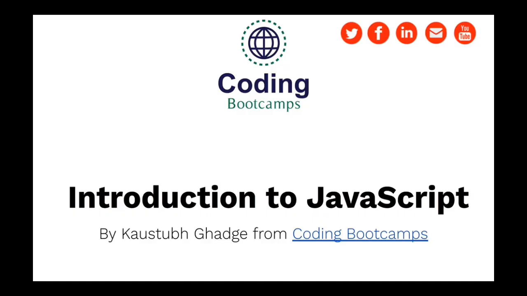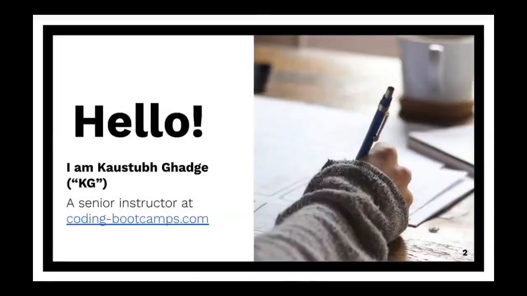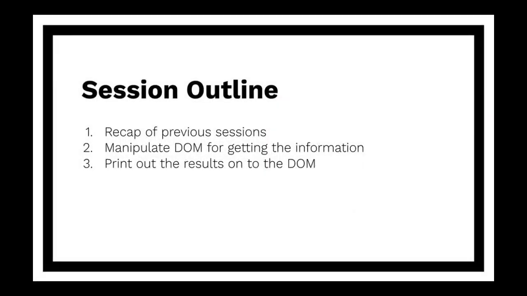We have to apply what we learned in the previous sessions and understand how we can use JavaScript to manipulate the HTML files. Okay, so before we begin, let's look at the session outline. Right, so the first thing we're going to do is recap what we learned in previous sessions and understand how we can apply this in this project.